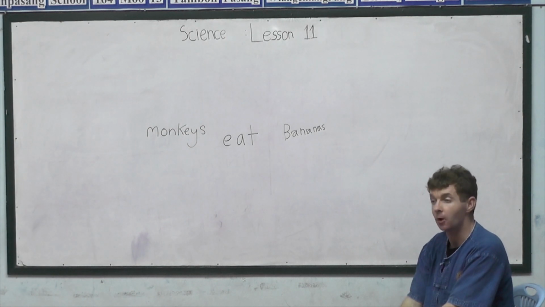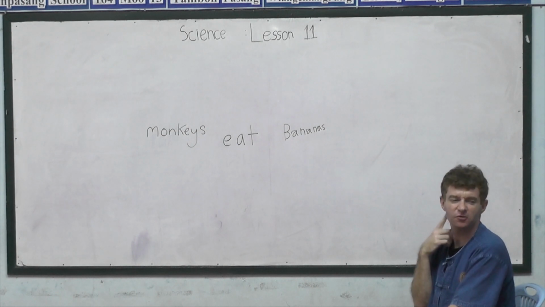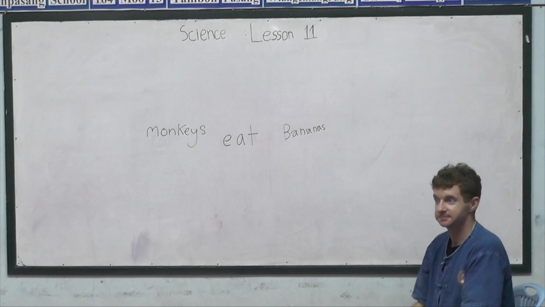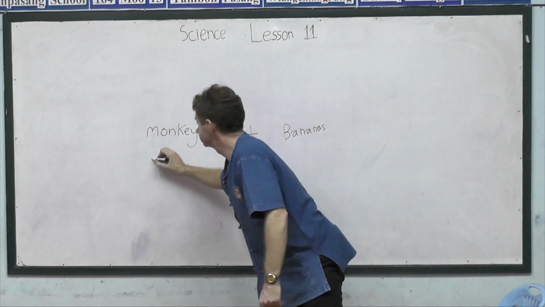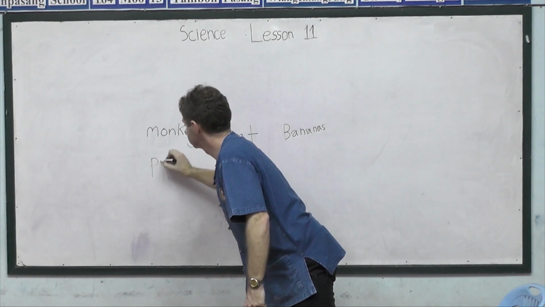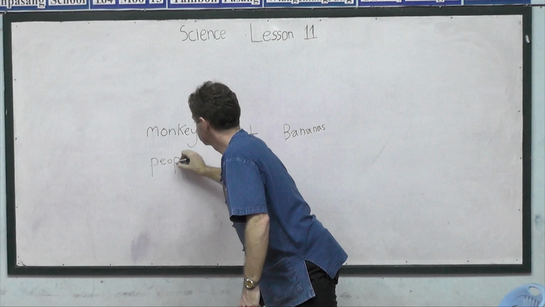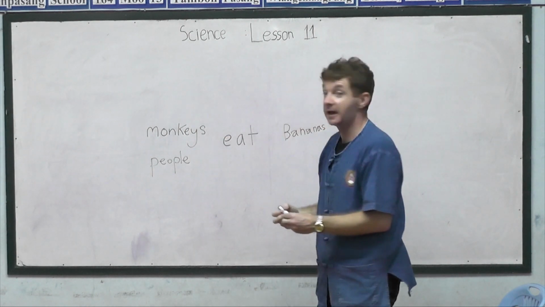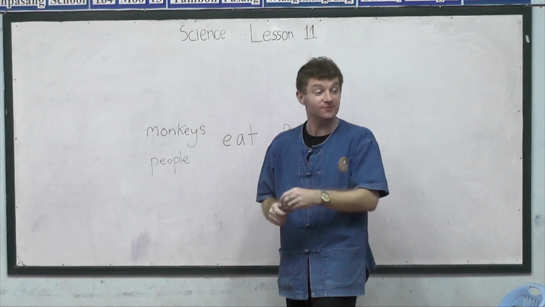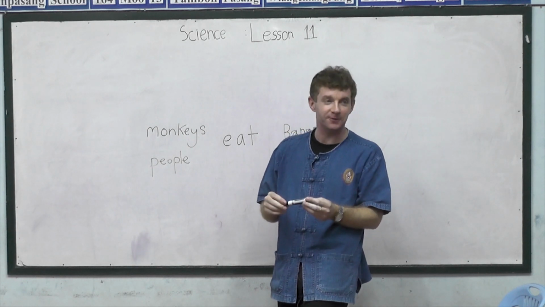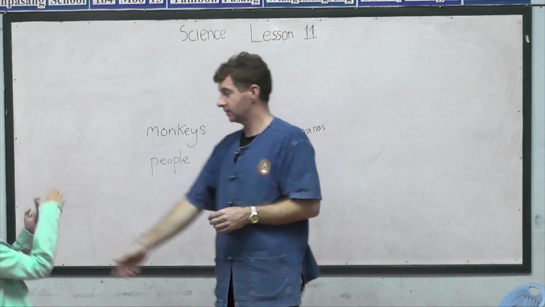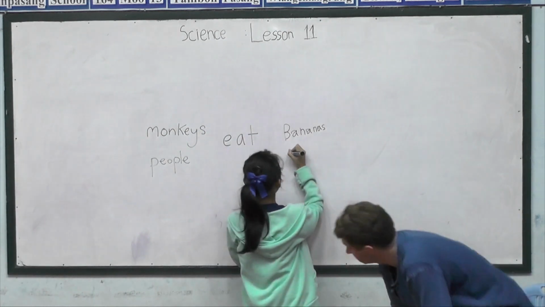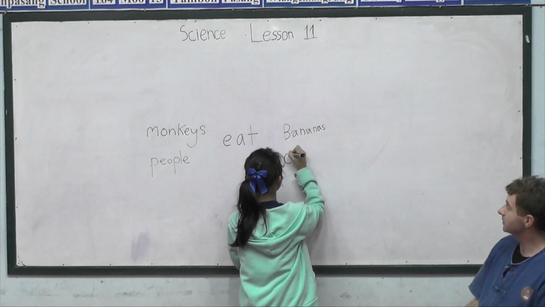Next one, Dawn. Are you ready? Let's see, what should we pick for Dawn? What picture? People eat chicken. Chickens don't eat people. So let's see, what can people eat? Chicken.